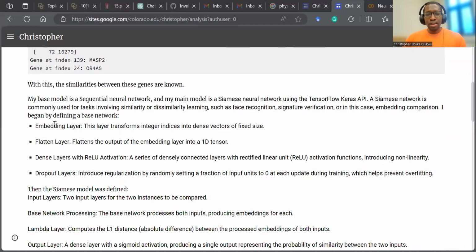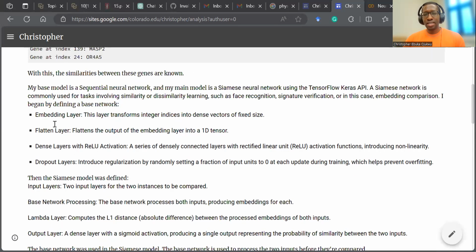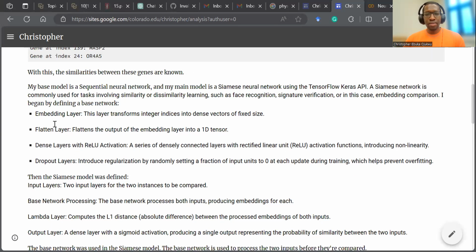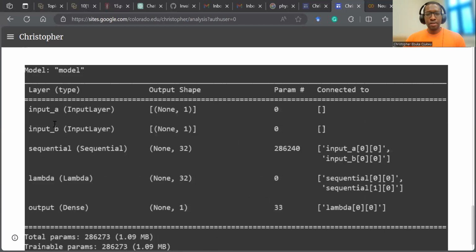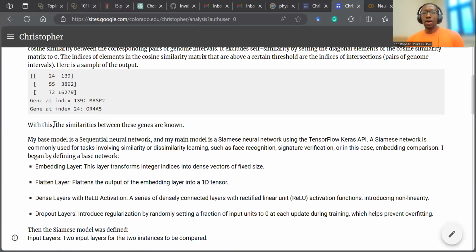And I think I had a threshold of like 0.6 or 0.7. I don't think I included that here, but I have a threshold for how similar a gene would be to another gene. And I actually tested some of these out, and some of them are quite accurate. At any given time, the Siamese model takes two genes that are positive, similar to each other, and labels them one.